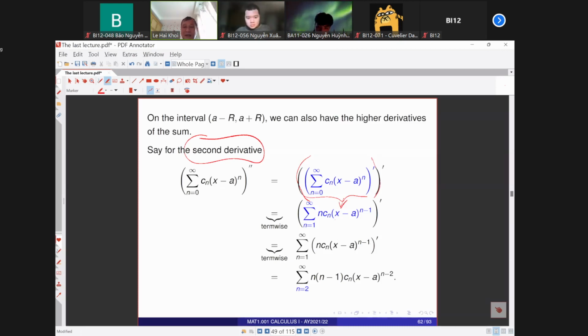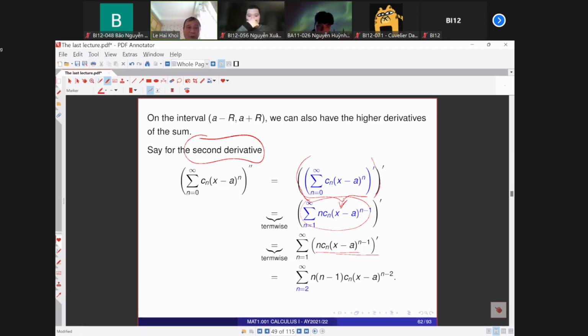And then you apply the same term-wise differentiation to get the second derivative of the inside term, and then you sum up.